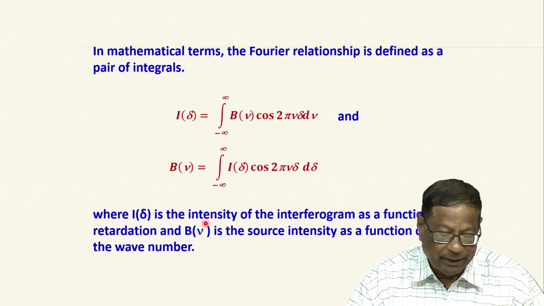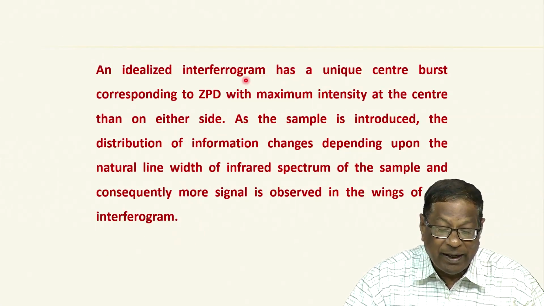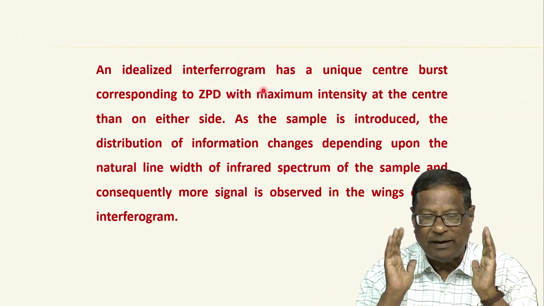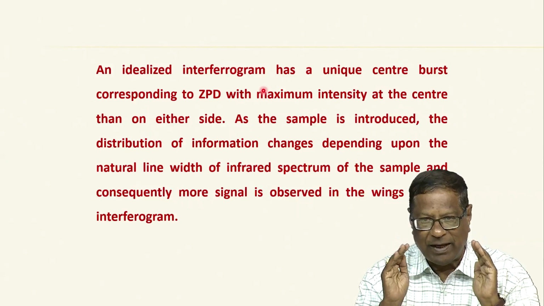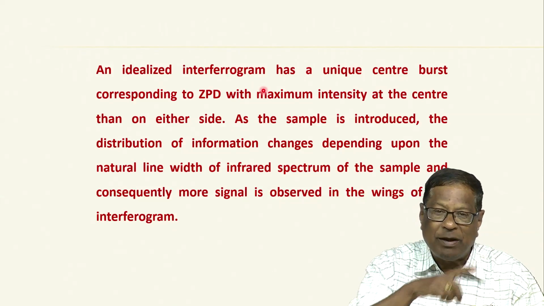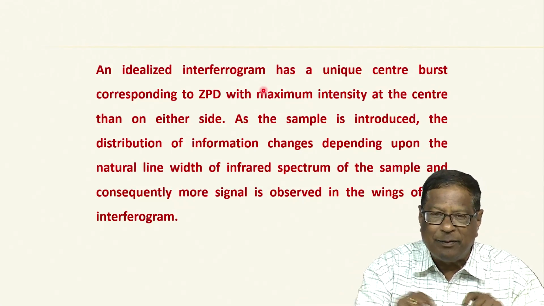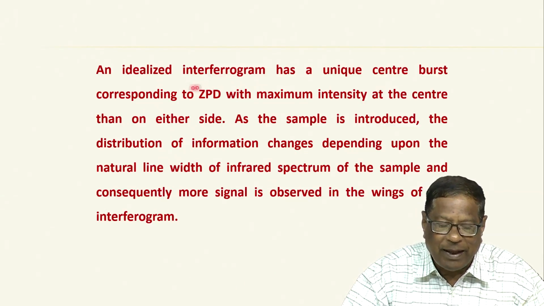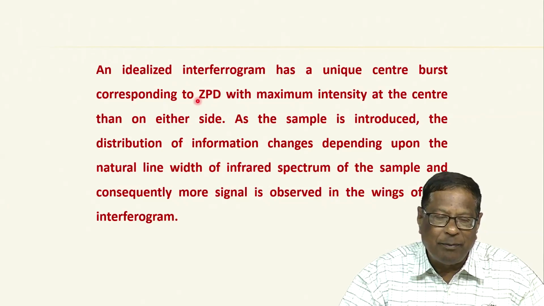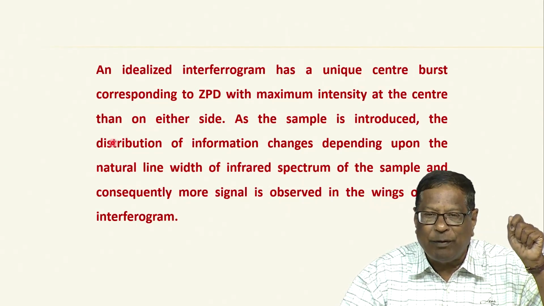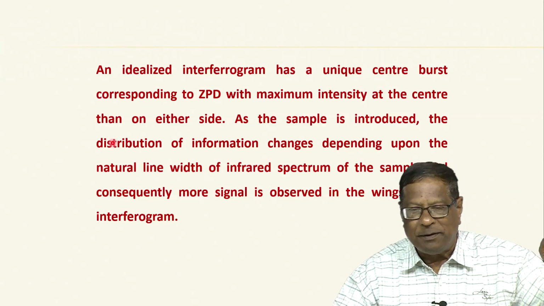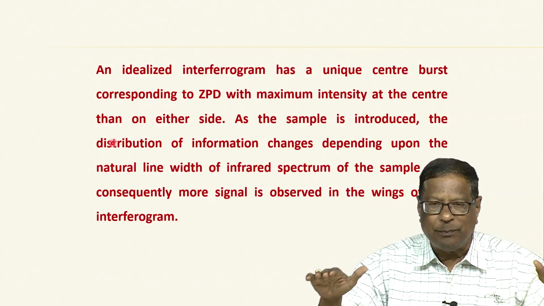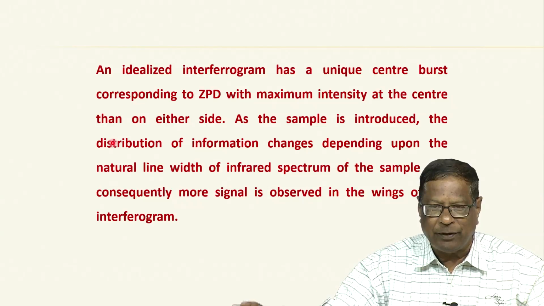Okay. So, the idealized interferogram, that is one single signal what you get in FTIR, is one big burst maximum and then slowly it decomposes into 0. It is like the sound of a bell, you hit it once and then slowly it goes down to 0.